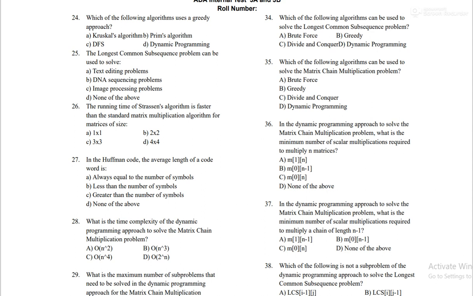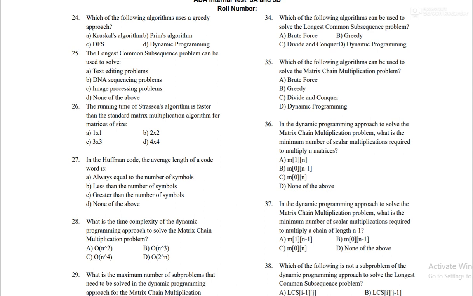In the given algorithms, Kruskal's algorithm uses a greedy approach, as it always tries to find a minimum weighted edge and uses it to form the minimum spanning tree. So the correct option is option A.